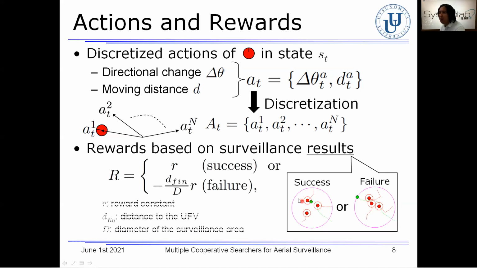In this case, therefore, the negative rewards, depending on the final distance to the UFV, are given to the searchers. From this equation, if any of the searchers detect the UFV, the positive rewards are equally given to all the searchers. On the other hand, the negative rewards increase as the final distance d_fin to the UFV increases in case of failure.